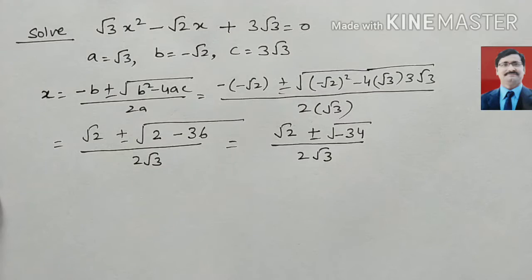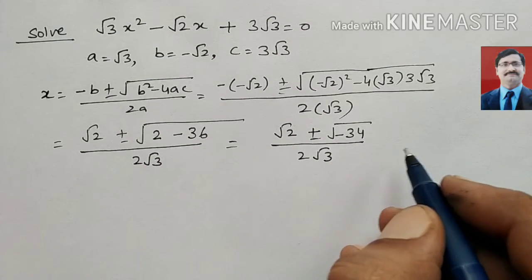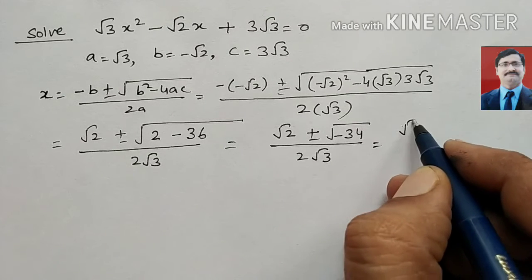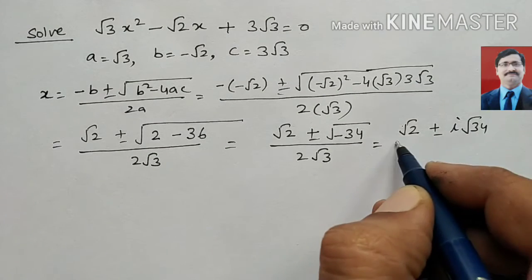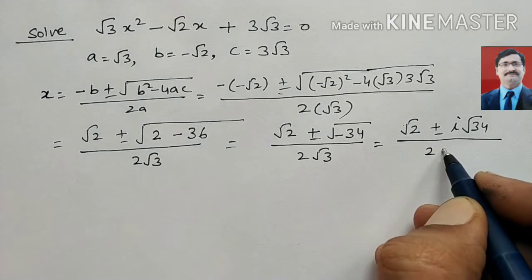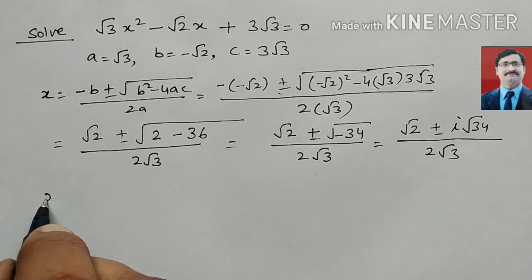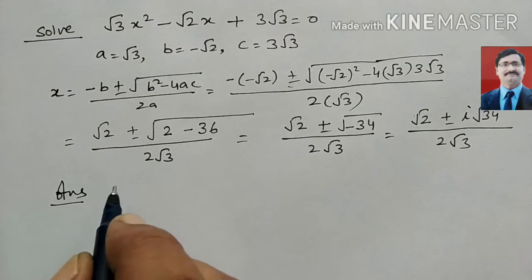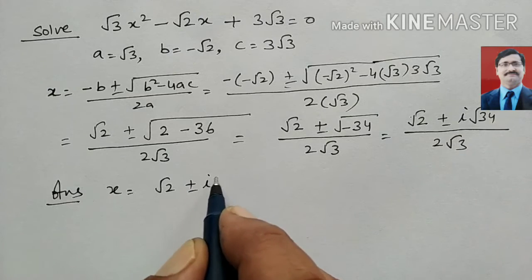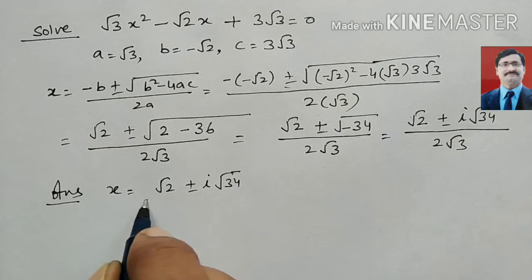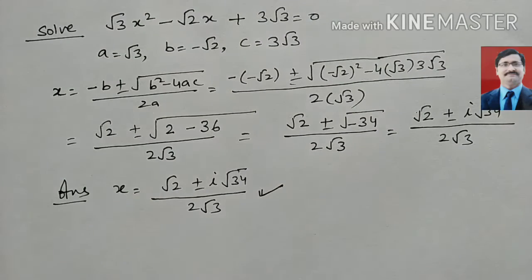And look here, this minus you can write in the form of iota. So this is root 2 plus minus iota root 34 upon 2 root 3. This is your final answer. So the answer is x equal to root 2 plus minus iota root 34 upon 2 root 3. Hope you understand this.